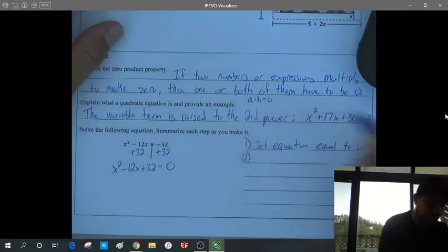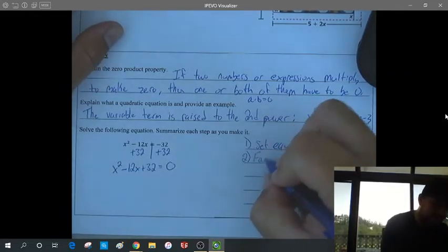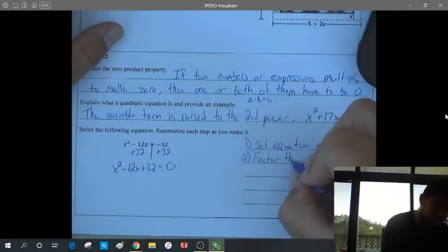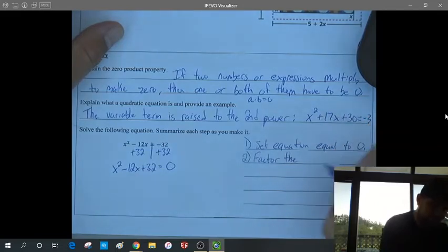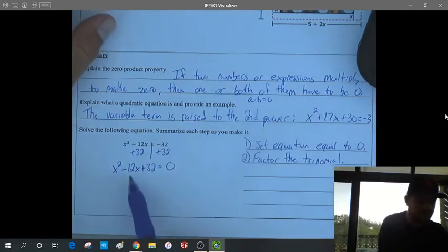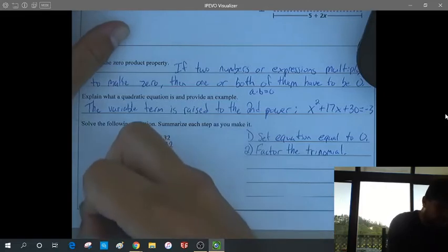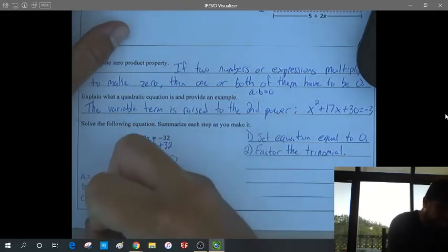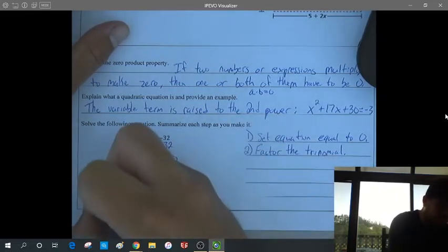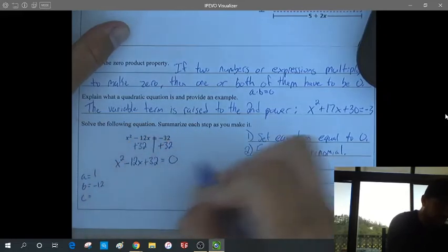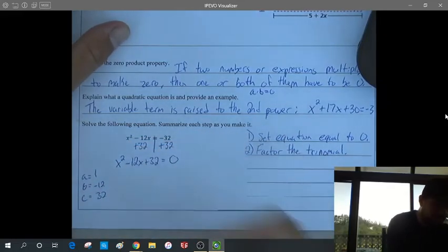Okay, step 2, after we get it set equal to 0, is factor. In this case, it's a trinomial. It could be just a binomial that you have to factor. If you're missing one, like the b term or possibly the c, then you might need to factor just that. But again, to factor, I identify my a, b, and c values. So a is 1, b is negative 12, c is 32.